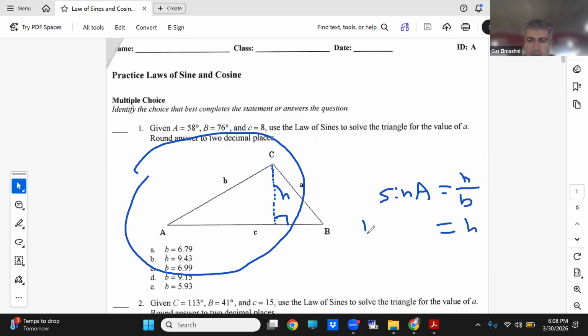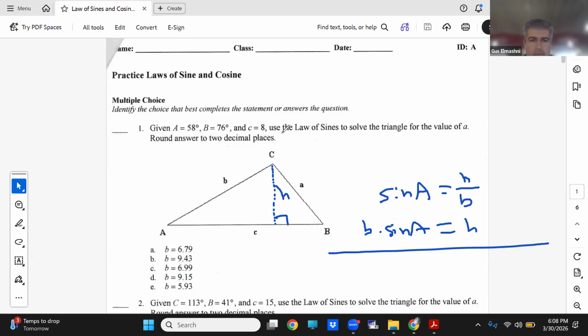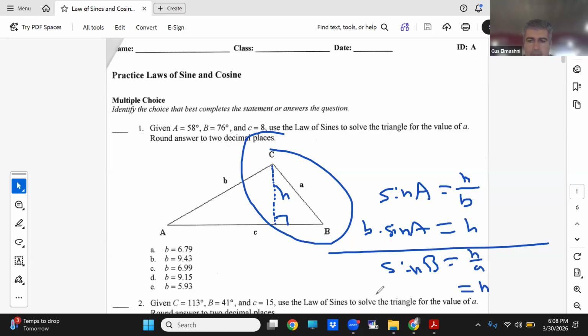So the height equals B times sine angle A. Also, if you focus on this triangle, sine of angle B is little h over A. So you have that. So both of these equal H, right? That equals H, and that equals H.